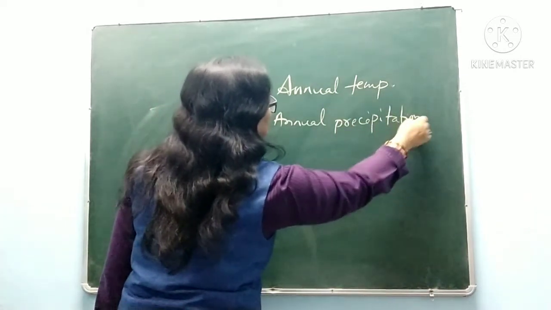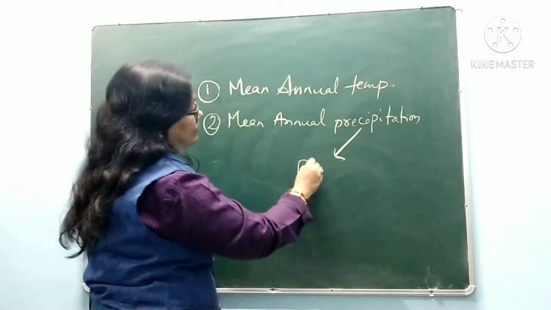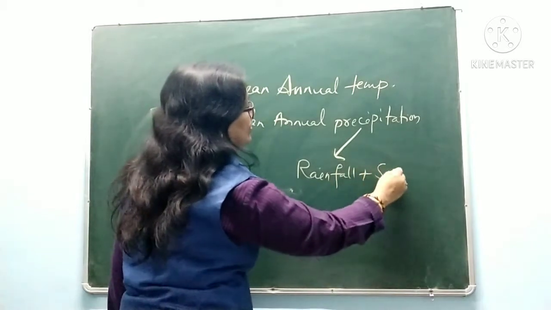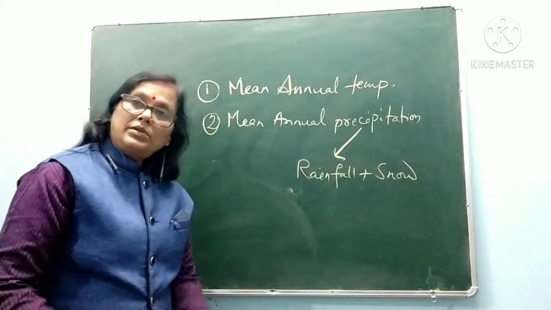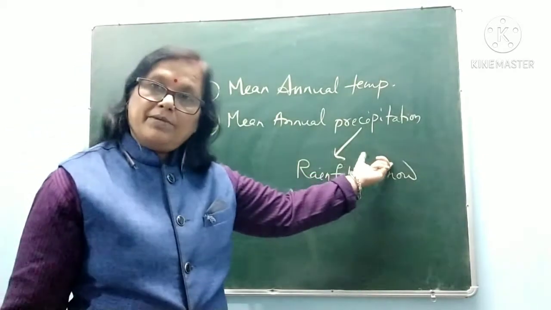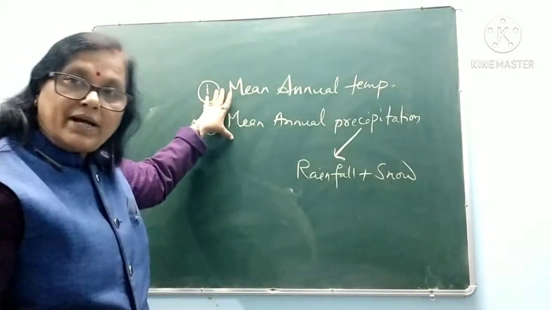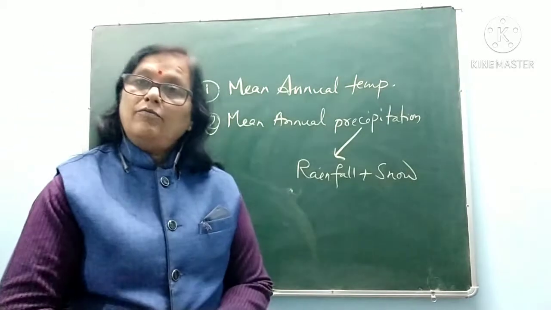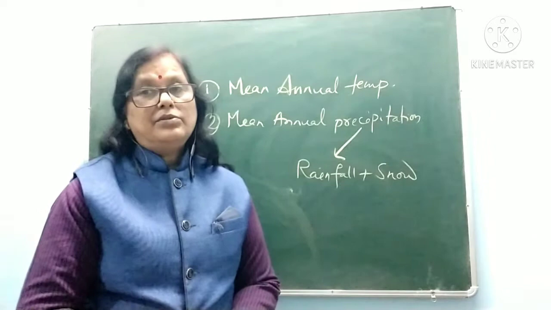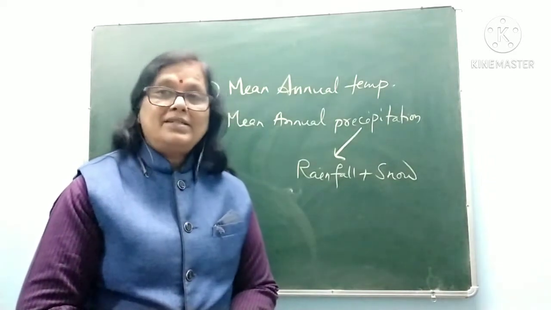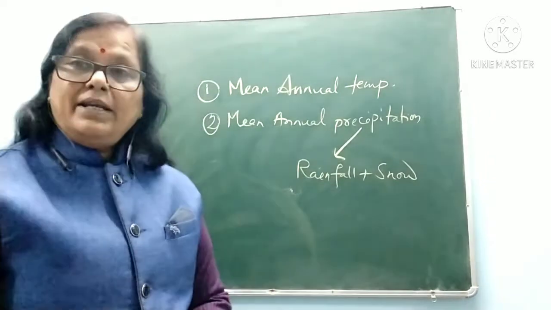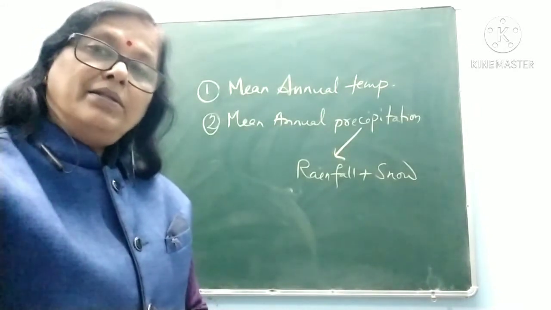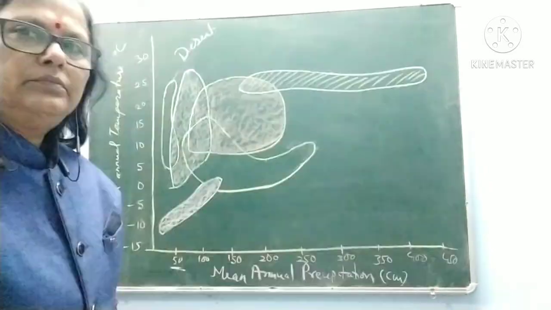This precipitation will include rainfall as well as snowfall also. Rain and snow both are included in the precipitation. These are 2 very important factors which determine the formation of biome in the world. And there are, as I told you, 7 categories of biome. Let us see with the help of a diagram about the distribution of these biomes depending upon these 2 factors.